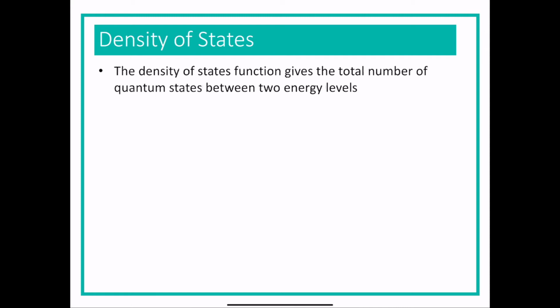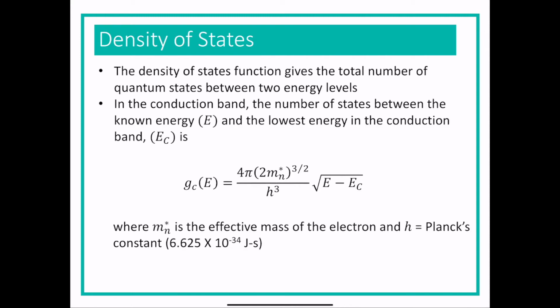So in the conduction band, we can figure out the number of states between an energy that we know and the lowest energy in the conduction band. We can figure out that value by this particular function.